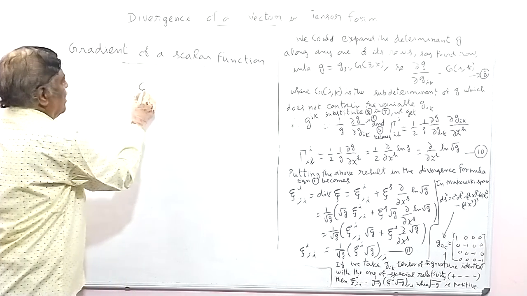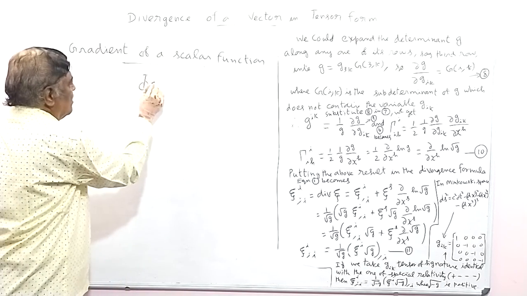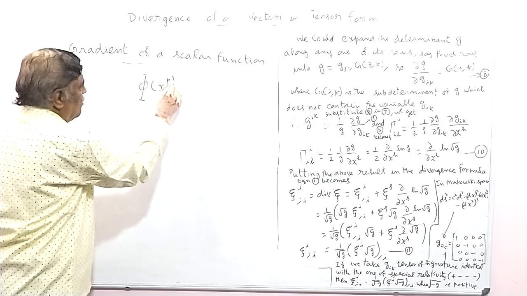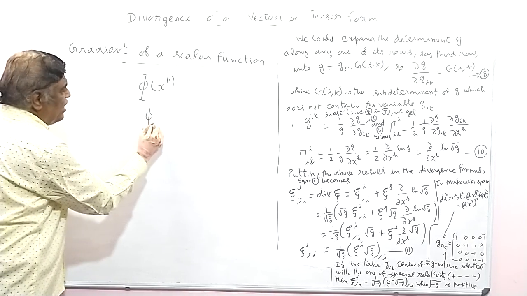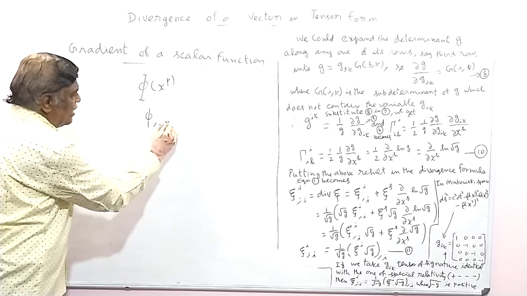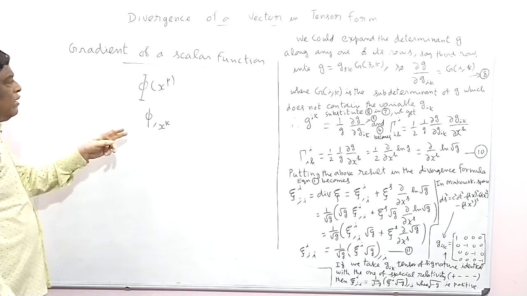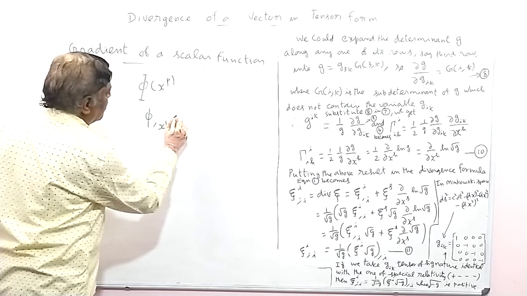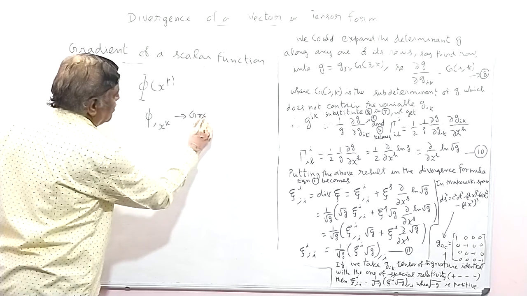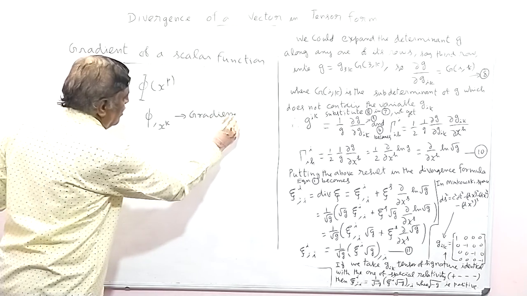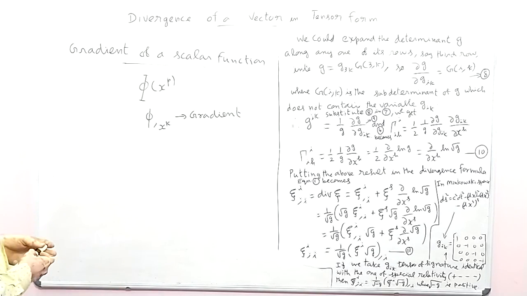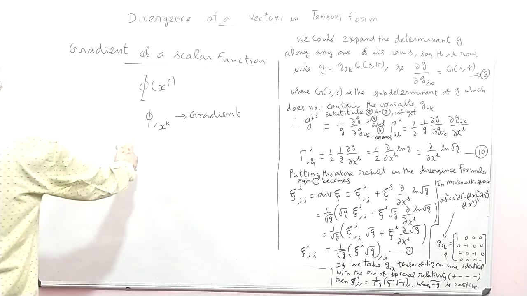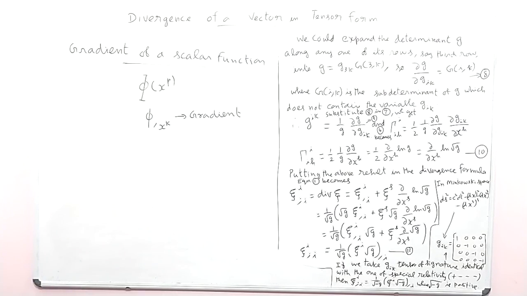Now let us consider a scalar function phi, which is a function of the coordinates. Then, if we differentiate phi with respect to the coordinate x k, this is called the gradient. So the gradient of the scalar function is obtained by differentiating phi with respect to the coordinate.